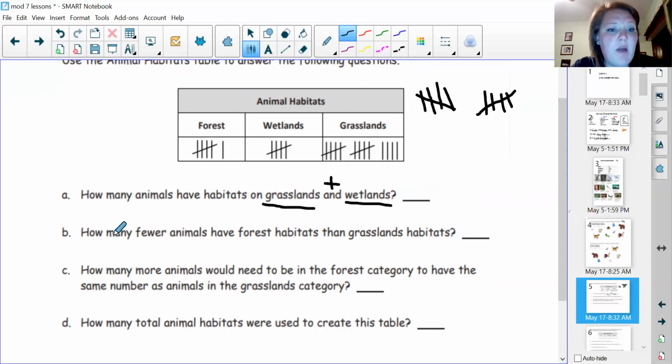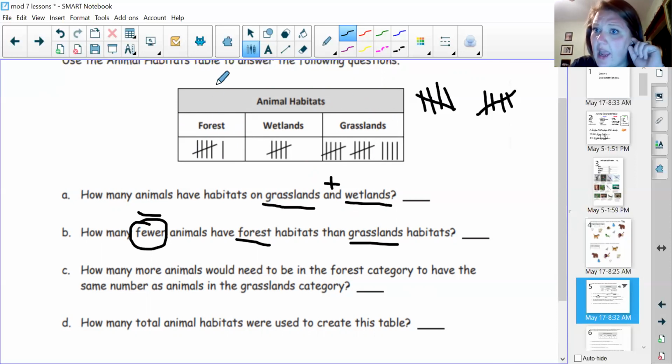The next one says, how many fewer, oh, that's a keyword right there, fewer. I know when I see the word fewer, I'm going to subtract. How many fewer animals have forest habitats, so I'm looking for the forest habitats, than grassland habitats? Now remember, look at the forest habitat here and look at the grassland habitat.